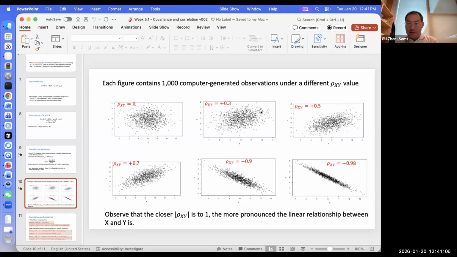Then there is a slightly positive correlation. Then we move to, say, rho xy of plus 0.7. With the data distributed in this manner, we overall see that with the increment of x, y also increases. For this chart, when x increases, y actually decreases, so there is a negative relationship.